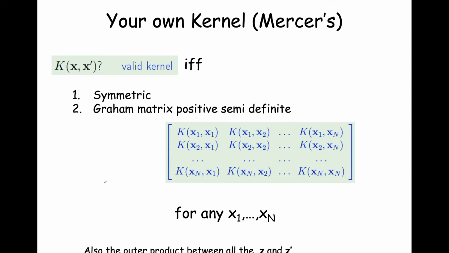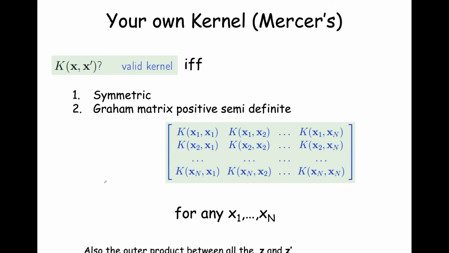Now, this Gram matrix, if you think about it, for any of your in-sample points, x1 through xn, corresponds to effectively an outer product between all the z vectors that you get from these x input vectors and all the other z vectors, your z primes.